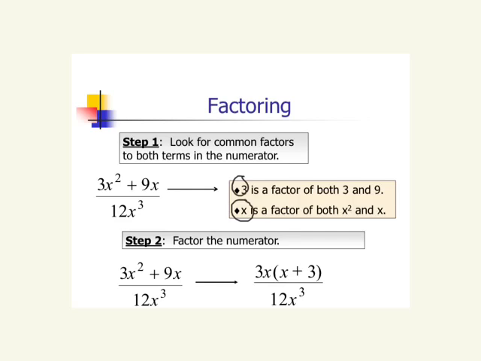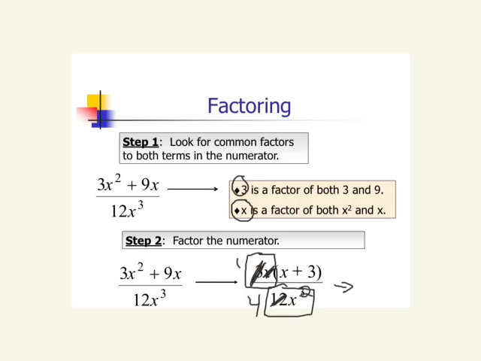Now 12x to the third is a monomial. It can't be factored. We could expand it out if we wanted to, but we take the factor that's on the outside and we divide it out with any common factor that's in that monomial. So 3 divides into 12 4 times. x would be divided out with one of these x's, so that would make this x squared.